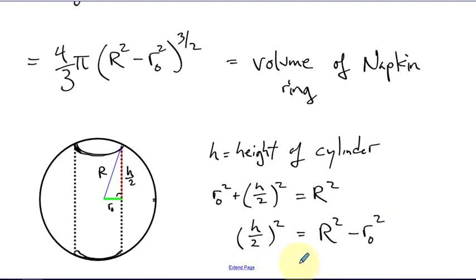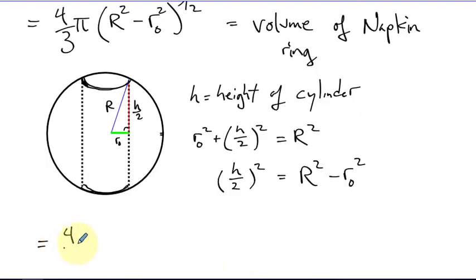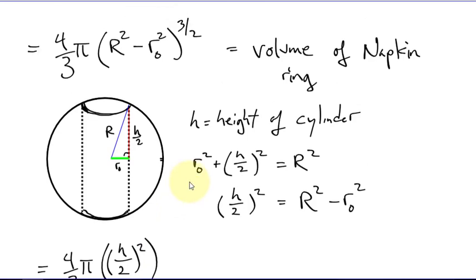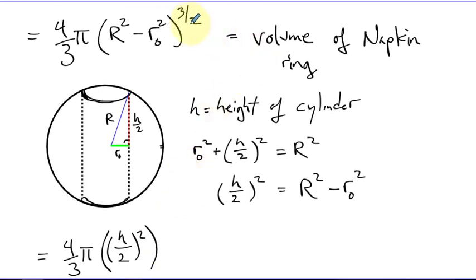And so I can just continue with my formula for the volume and replace this relationship between the radius of the sphere and the radius of the cylinder with this quantity h over 2 squared. Let's substitute that in. So the volume is 4/3 pi with h over 2 first squared and then raised to that 3/2 power we had right there. Well, that means that the 3/2 times the 2 gives me a cube.